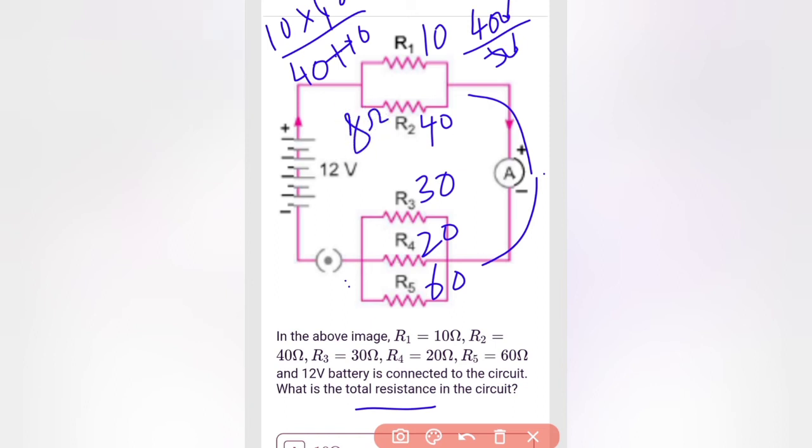What about here? Here it's going to be 1 divided by 1 by 30 plus 1 by 20 plus 1 by 60.